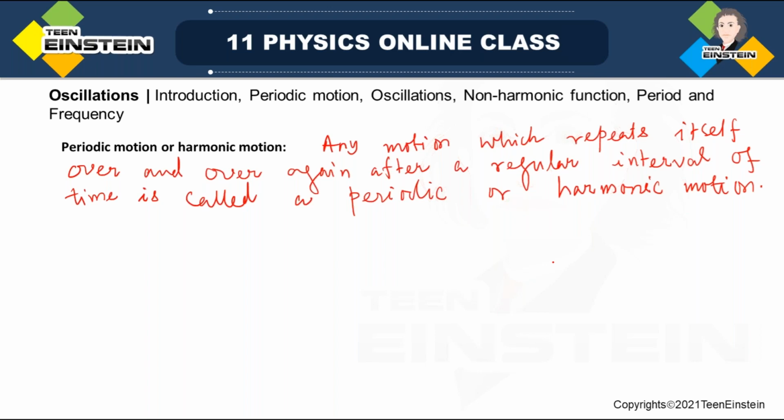I have already given you examples, like a planet moving around the sun in an elliptical or nearly circular orbit. Basically, elliptic orbit in planetary motion. I'll just write the examples.